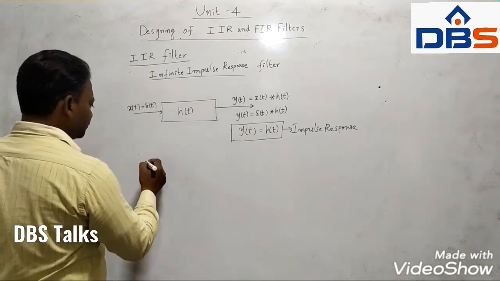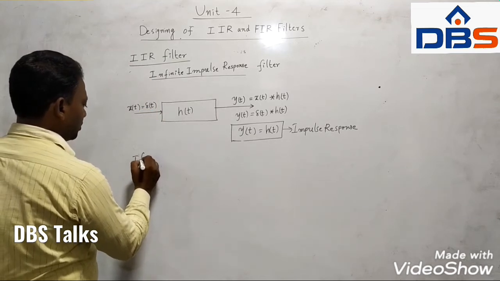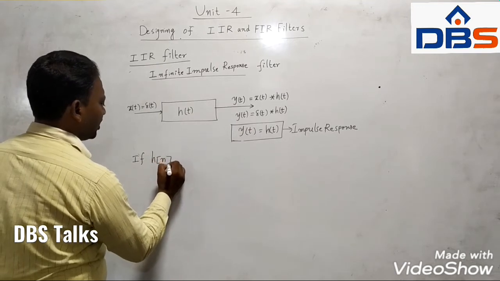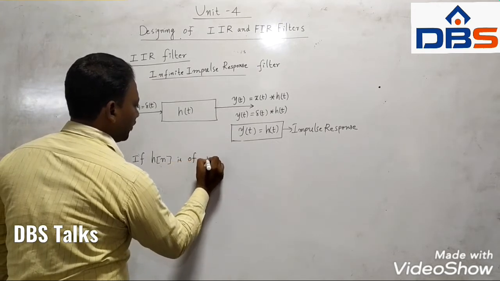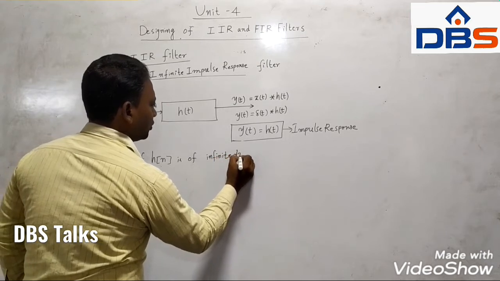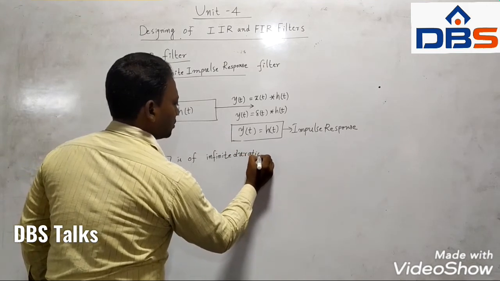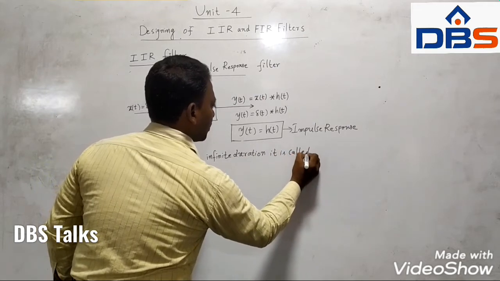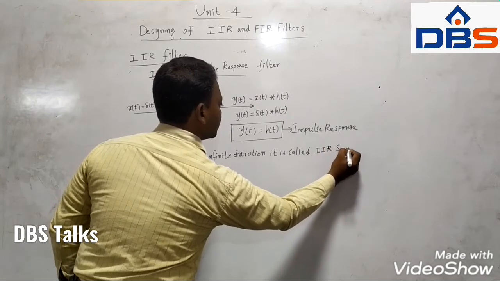So, because we are seeing digital filters, for an IIR filter, if h of n is of infinite duration, it is called an infinite impulse response system.